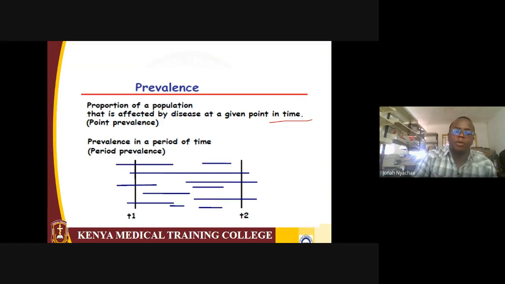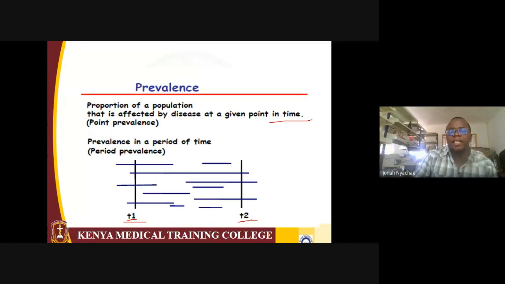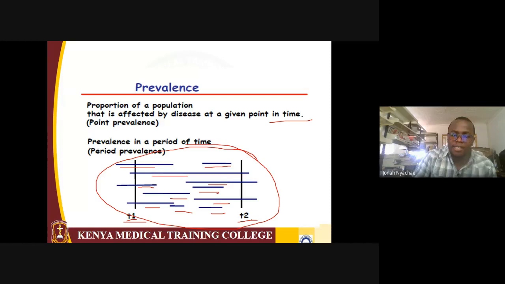So when you look at it diagrammatically, these ones represent the number of cases in a population at a particular time. So you just take the total number of the cases divided by the total number of population.